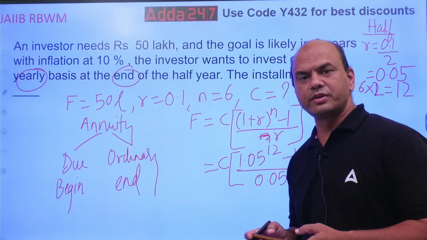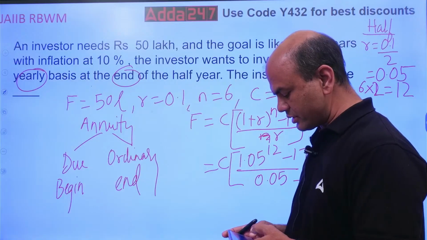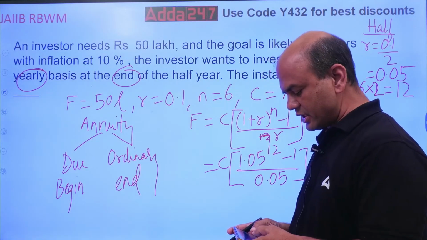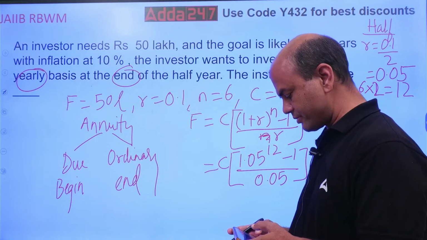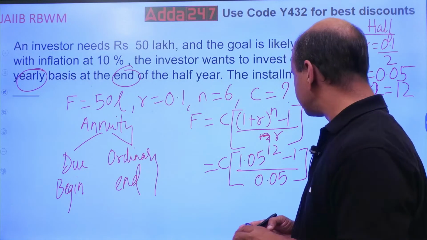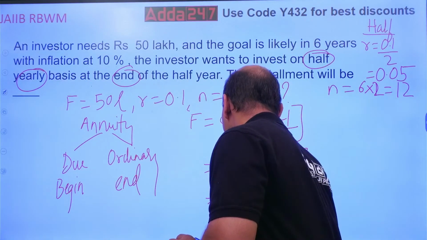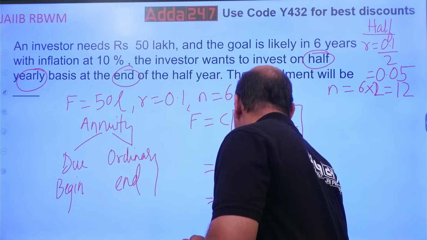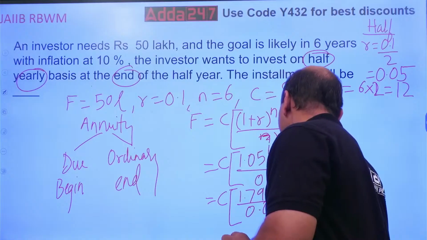To get one increment, we must take some pains. So this answer I am getting is 1.79. So C into 1.79 minus 1 upon 0.05.